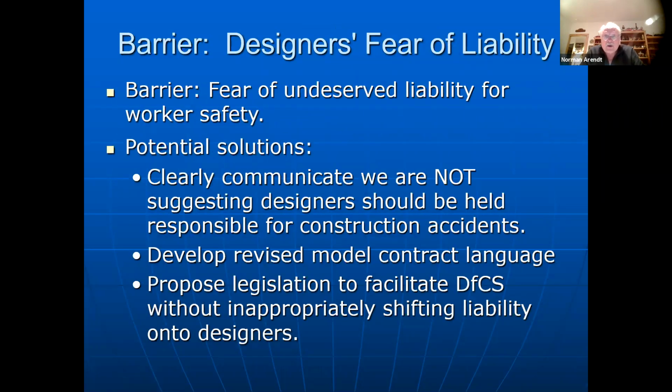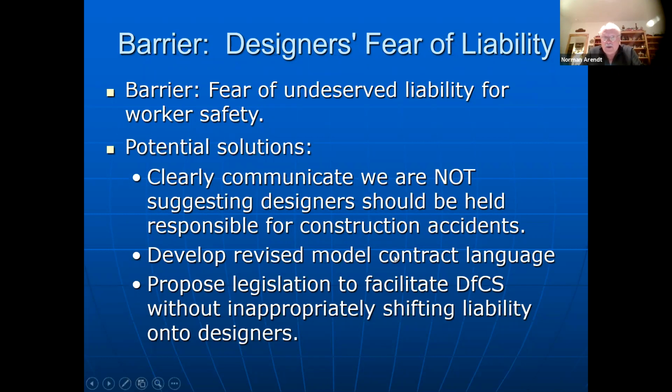Designers have a fear. The fear is undeserved liability for worker safety. But we're not talking about being responsible for the worker safety. We're talking about the design. We clearly have to communicate that we are not suggesting that the designer should be held responsible for construction accidents.